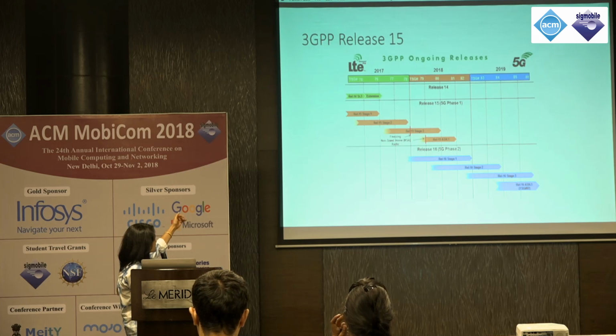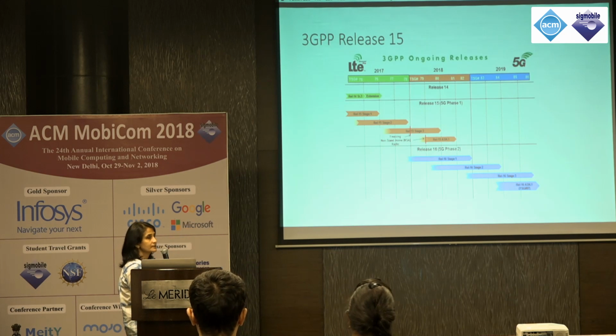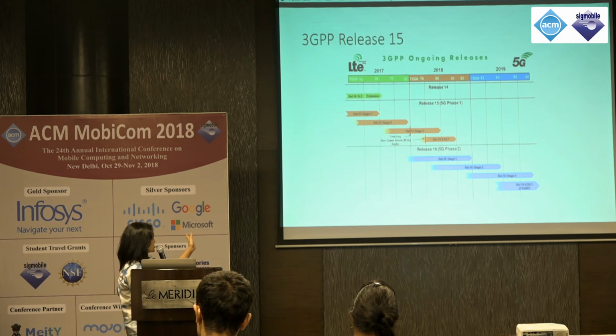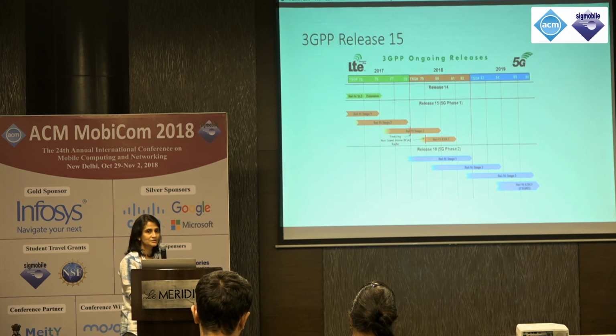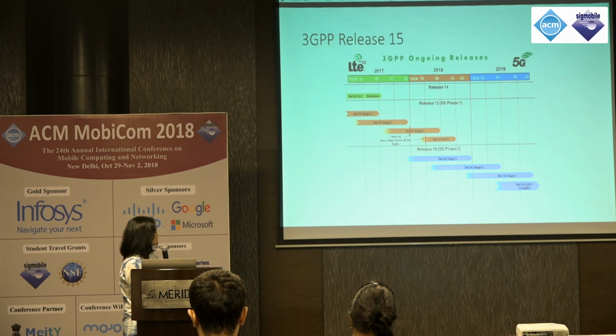And for 3GPP, they do this overlapping thing. As one release is winding down, they're already starting the study phases for the future releases. And right now, the vision is to have release 16 finish at the end of 2019, at which point you can say that the 5G standardization will be done. So there's still a fair amount of time before the standard is complete.